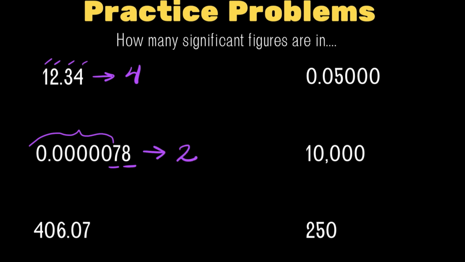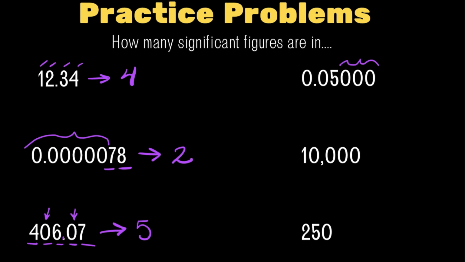Here we would have 1, 2, 3, 4, 5 significant figures. We have a decimal and our zeros are in between non-zero digits. Here we have to remember that trailing zeros in a decimal are significant. Therefore, we would have 1, 2, 3, 4 significant figures. Remember, we wouldn't count the leading zeros.